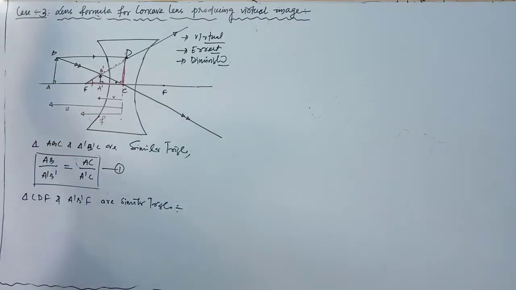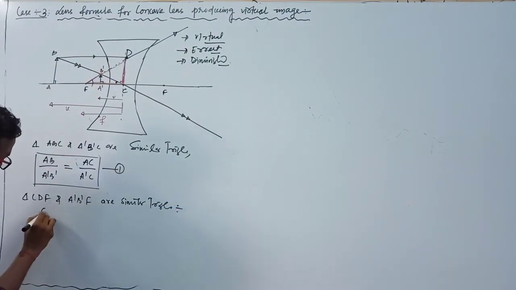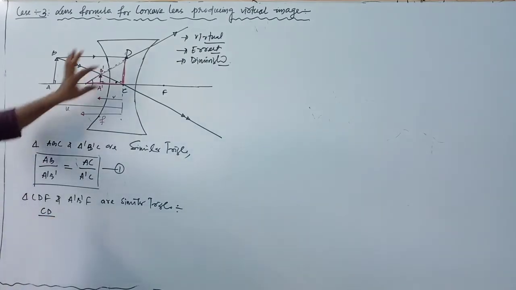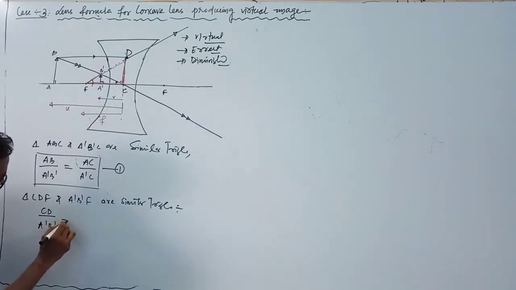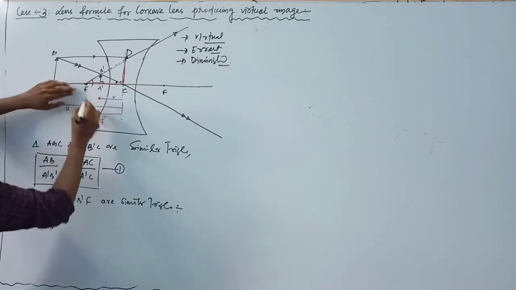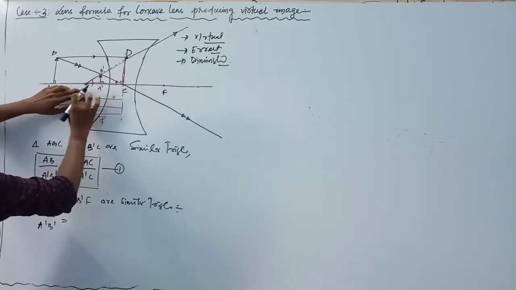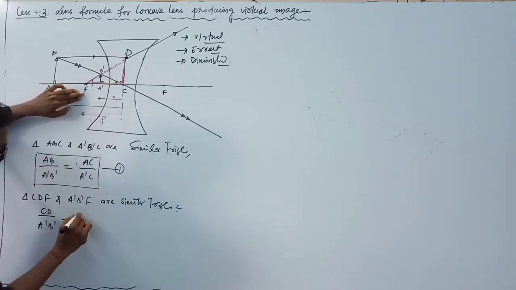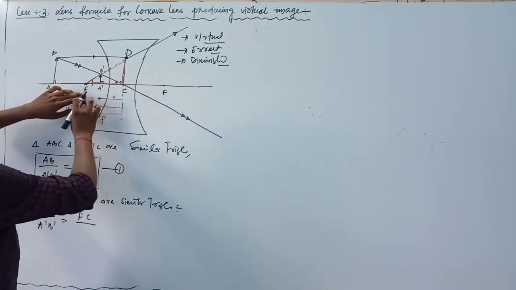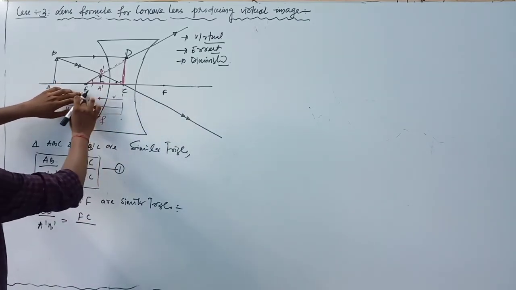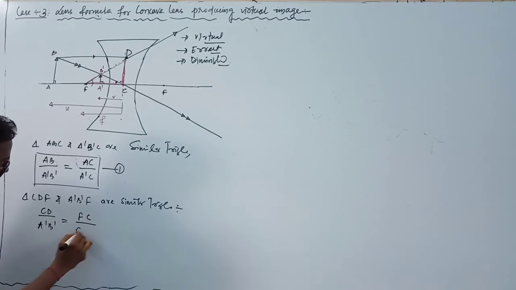So you can write CD divided by A'B' equal to, because F is the common point, FC divided by FA'.